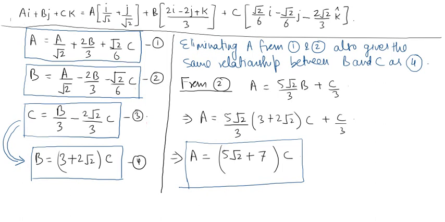What I am doing here is expressing a and b in terms of c. From the third equation, I can get b expressed in terms of c. So b is equal to 3 plus 2 root 2 into c. Now if I eliminate a from 1 and 2, it will also give me the same relationship between b and c as this equation 4. So one of these equations is redundant.